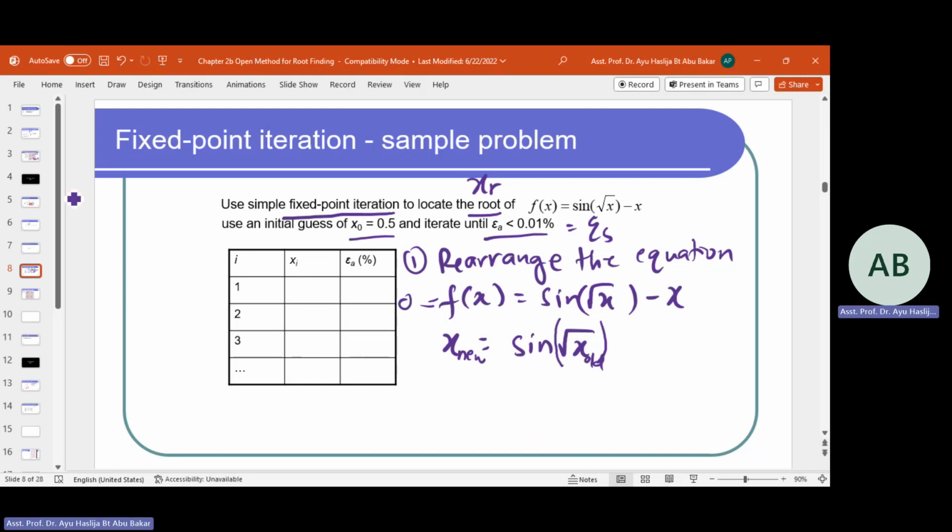Remember the root is when f(x) equals 0. Okay, so bring x to the right hand side or left hand side. It's up to your arrangement as long as you get the equation. Okay, this is the first step, to find the rearranged equation.